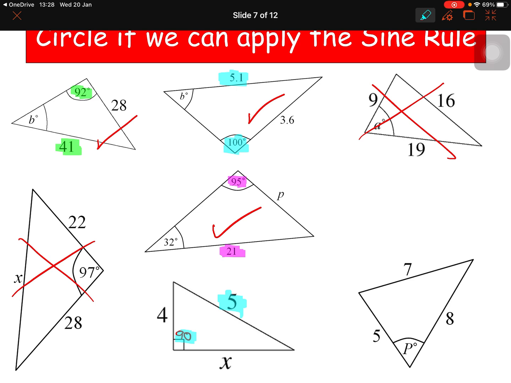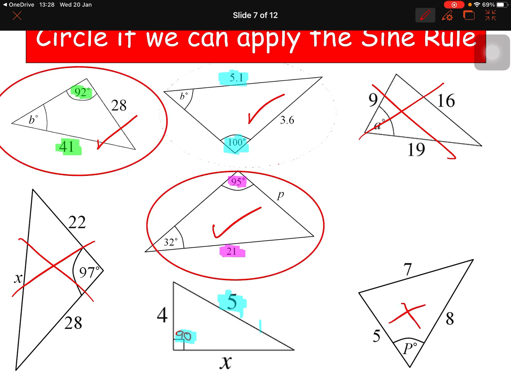However, what I would hope you would notice first is the fact that this is just going to be a case of Pythagoras. Because it's a case of Pythagoras, we can work straight through it. We could just use Pythagoras to find the missing part. Last one. I have no angles given to me, therefore I cannot use sine rule on it because I do not have a matching pair again.